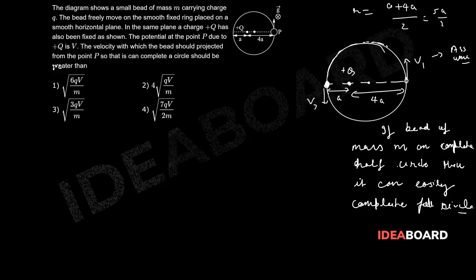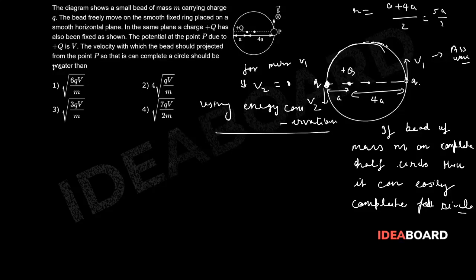So suppose that the velocity at this point is v2, and of course we want to calculate the minimum case. So for minimum v1, v2 should be 0. We just want that this bead will reach this point. Okay, so now we can apply energy conservation. What is the electrostatic energy at this level?